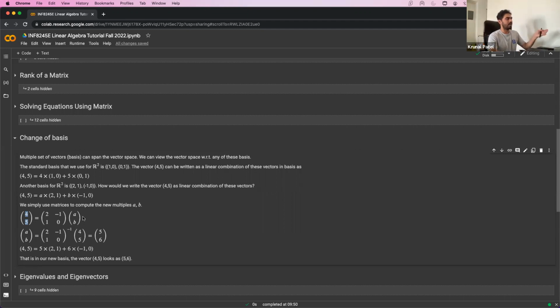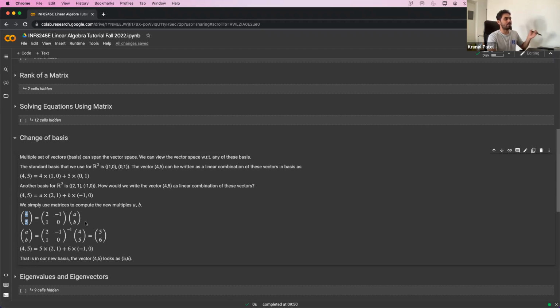This is also equivalent to solving the linear equation, right? How we solve the linear equation is that we just take the inverse of this matrix, and that's how we compute the unknown values, right? So this is exactly the same, and we are trying to compute the unknown values.